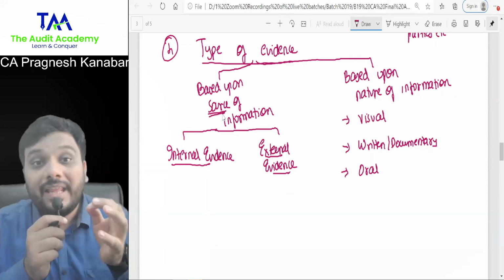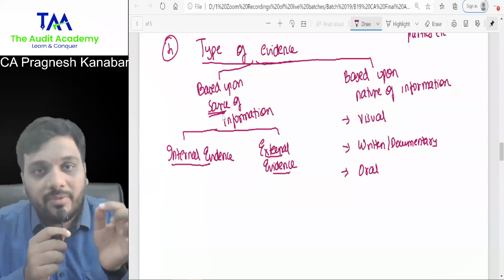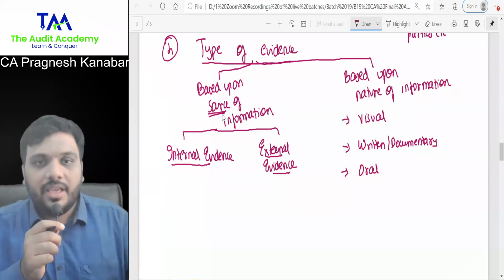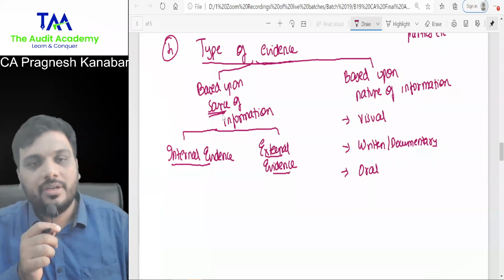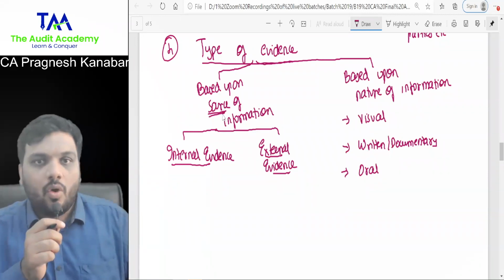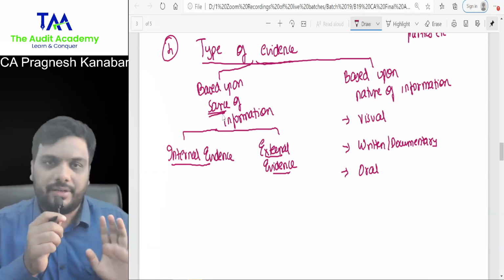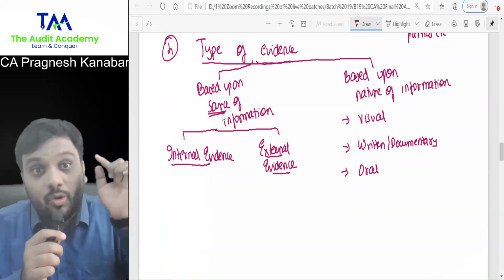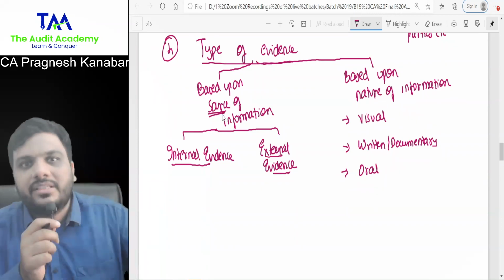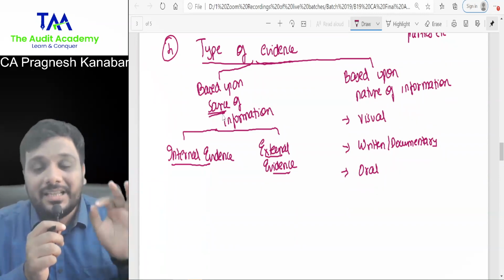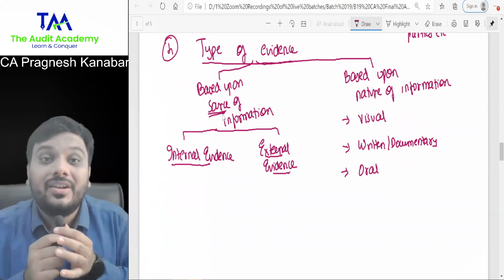That means from where it originates. If I'm conducting audit of X Limited, if X Limited has purchased certain goods from the supplier, obviously currently the purchase invoice is in the premises of X Limited, correct? However, it originated from the supplier, correct? So that is why purchase invoice becomes an external evidence.